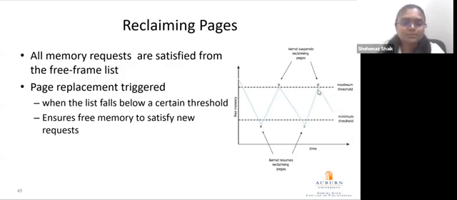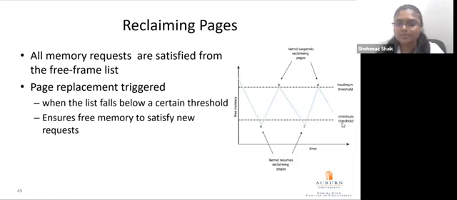Okay? So by ensuring that we have that many free frames, the overall impact of page faults can be reduced, by ensuring that there is at least some number of free frames available in the system which can be used to serve the page faults.